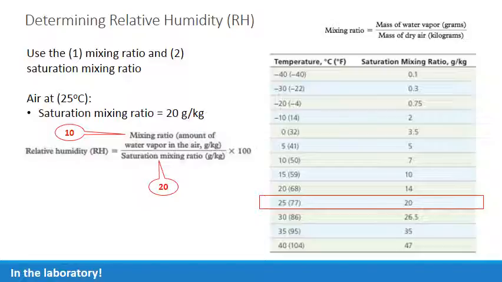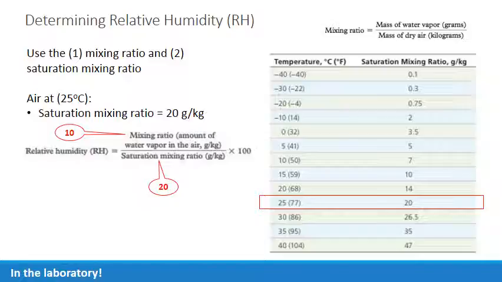Under non-saturated conditions, we still have more vapor that we can add to this before saturation occurs. We'll have a lower mixing ratio than its saturation. And so once we get to the saturation mixing ratio, well, that's as high as the mixing ratio can go.